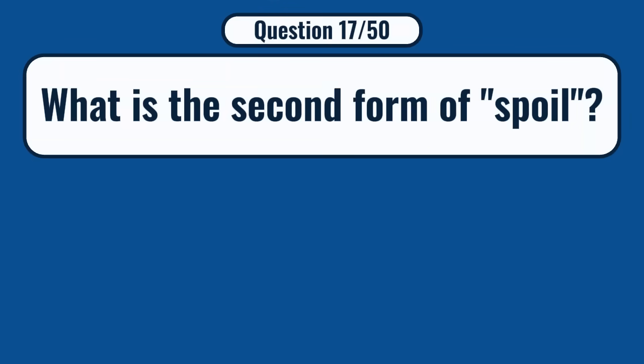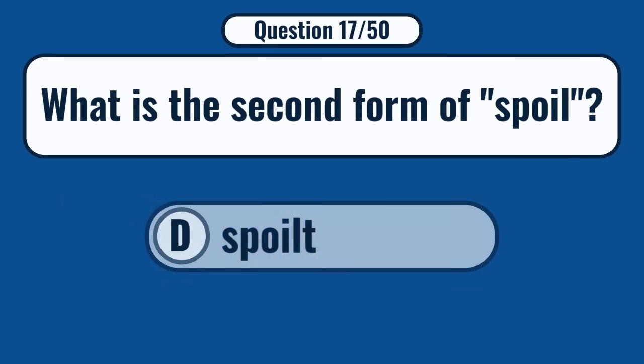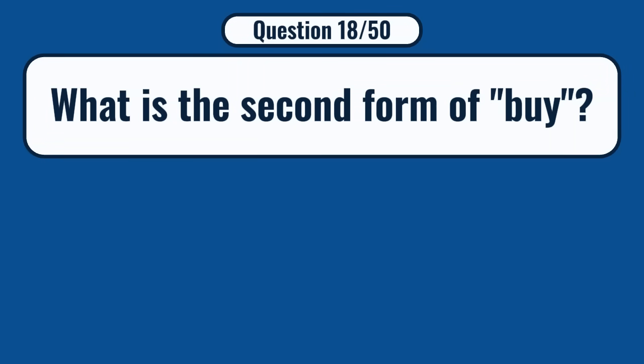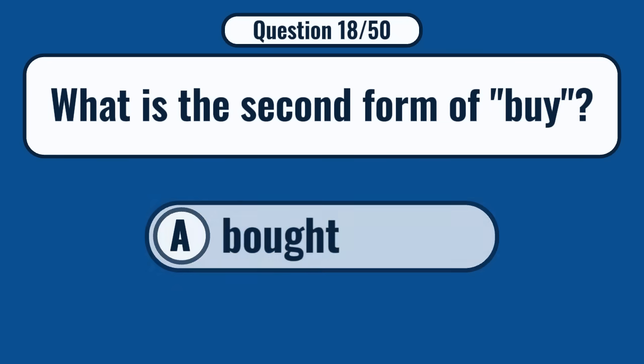What is the second form of spoil? Answer D. Spoiled. What is the second form of buy? Answer A. Bought.